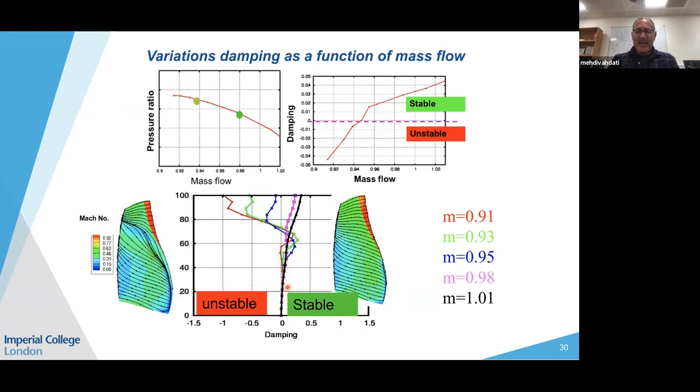You can see that they behave quite similarly and they're all stable. The area that is mostly affected is the area upward of the flow migration, where the aerodynamic damping becomes negative and the blade becomes unstable. So most of the instability for most of the fan blades that I've looked at happens upward of the migration area.